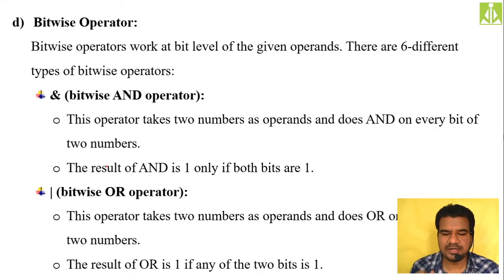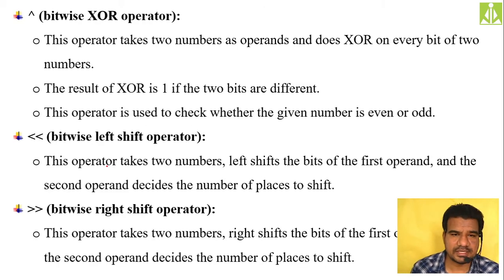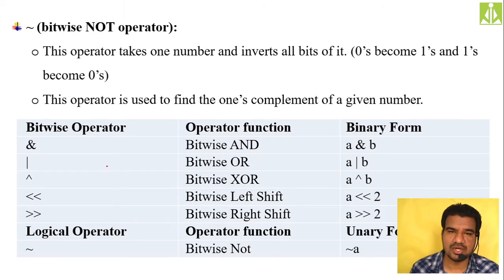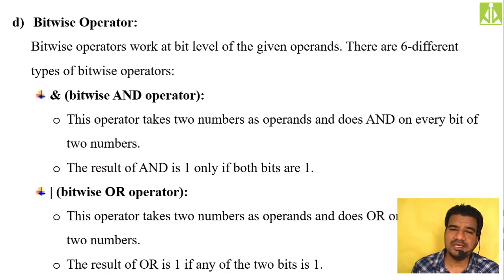So bitwise operators, we have bitwise AND, bitwise OR, bitwise XOR, bitwise left shift, right shift, and finally the bitwise NOT. Not only these operators, under bitwise we have many operators, but we have selected and we are discussing these 6 operator categories.